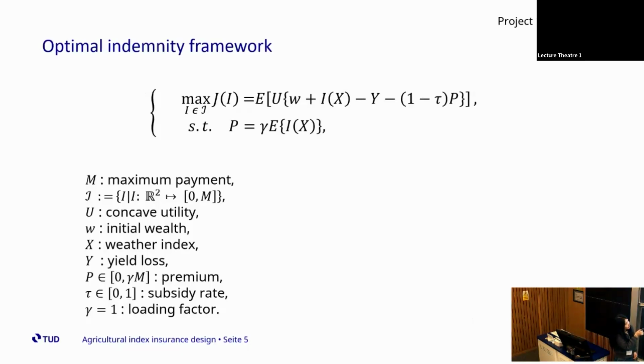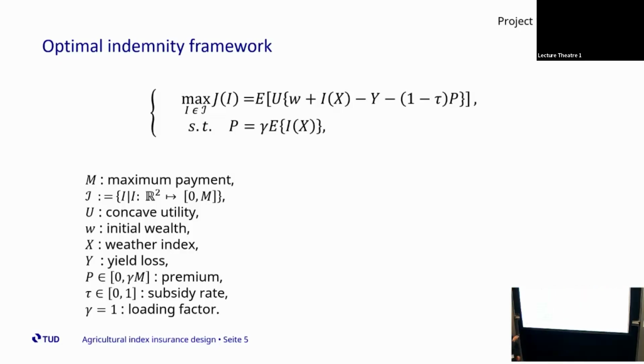W is the initial wealth, and I is the indemnity minus the yield losses, and tau is the subsidy rate set by the government, and P is the premium, the price of the insurance product, with a constraint on the price. And gamma, the loading factor, is set to 1, times the expectation of the indemnity.